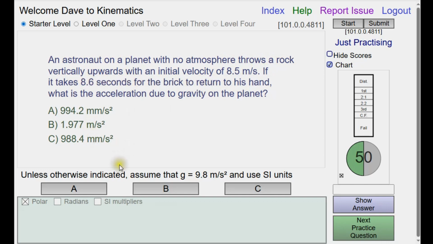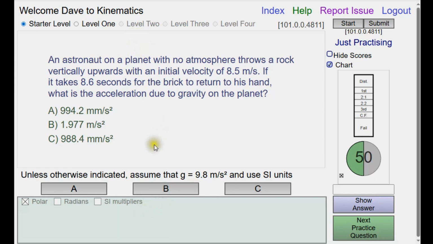Right, so if it takes 8.6 seconds to go all the way up to the zenith and then turn around and come all the way back down again, then it must take 4.3 seconds to go from his hand to the top where its velocity is 0.